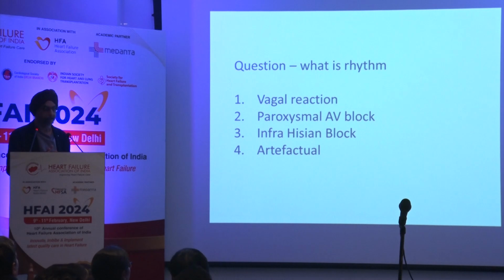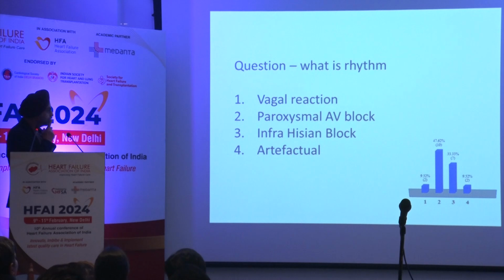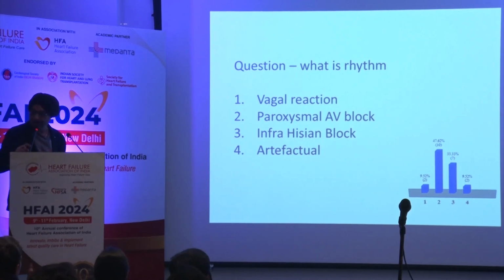Multiple tests have been negative. The decision you have to make is, does she need a pacemaker or does she just need to be told no problems. So 47% think that it's a paroxysmal AV block, and some people think it's a vagal reaction. So go back to the slides.